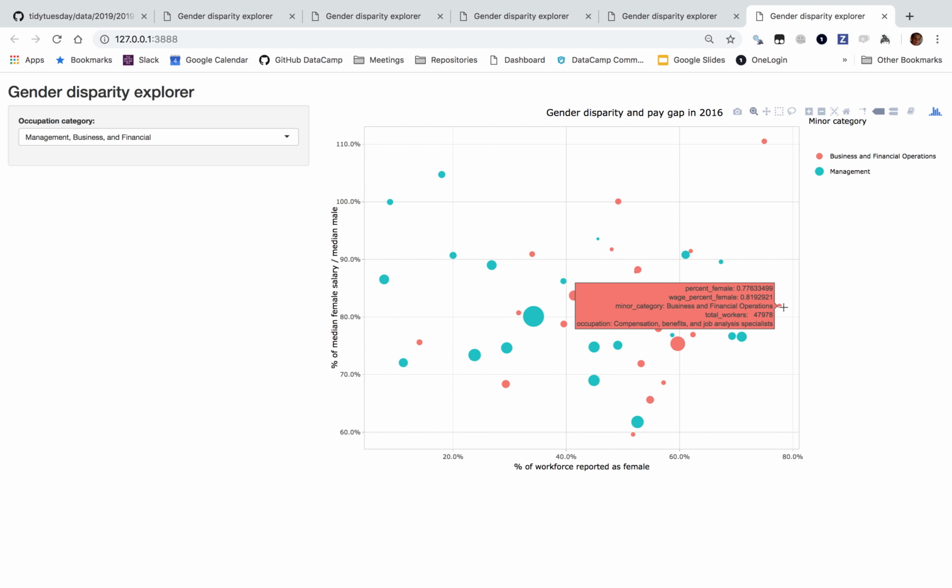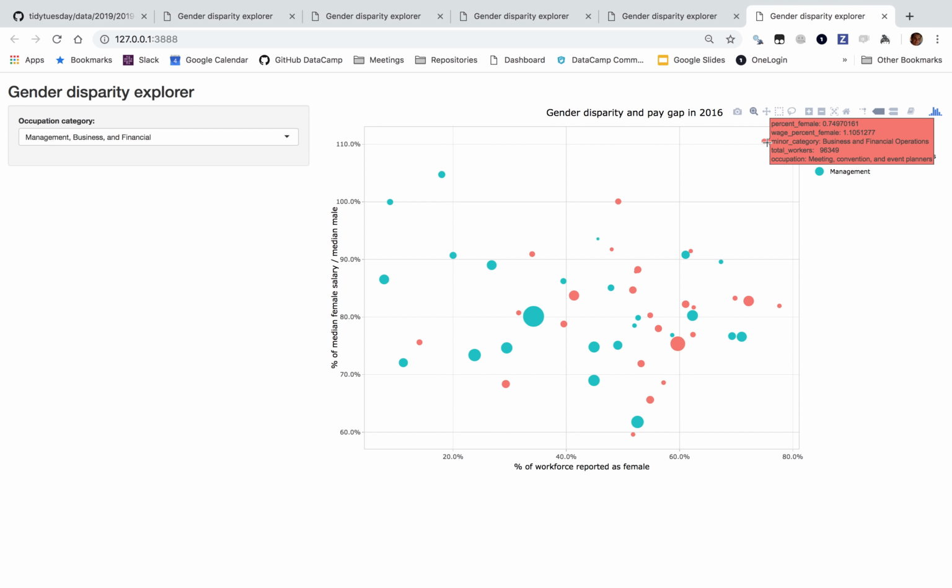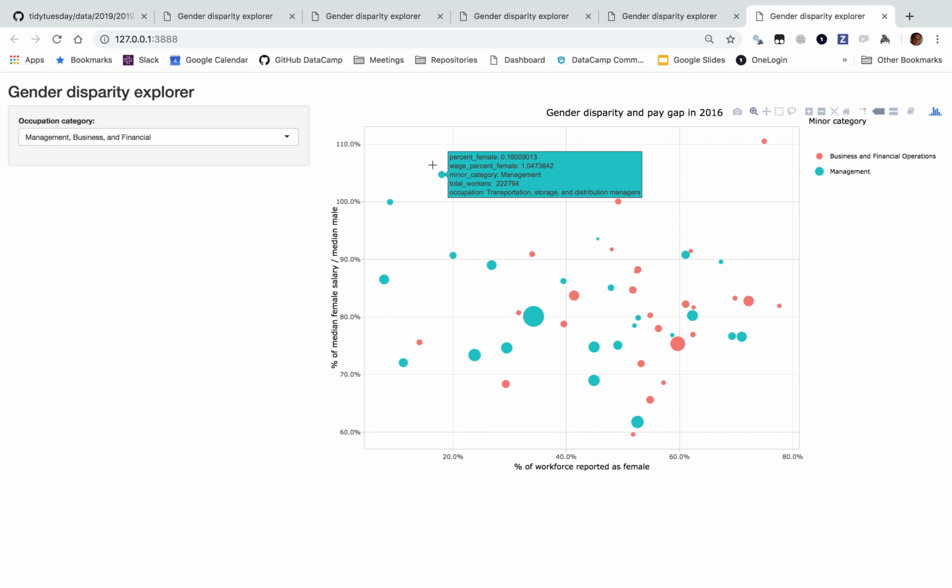We don't see a correlation. All of them are not great, hovering around 80, the median woman earning 80% of the median man in these occupations. And yes, some of the ones that are most female, like meeting, convention, event planners, have the least wage disparity.